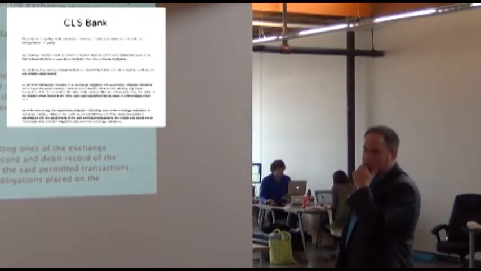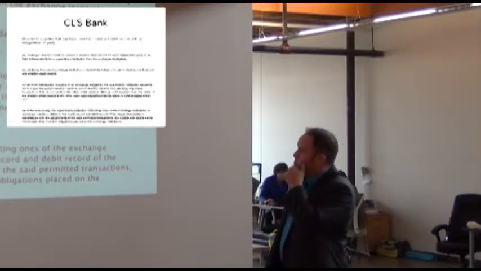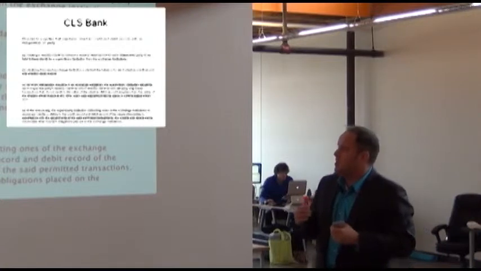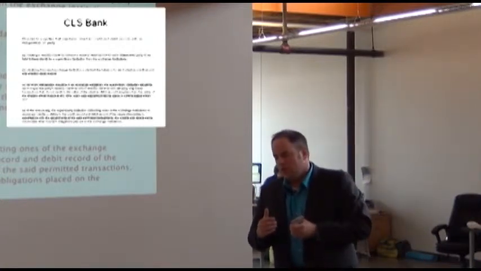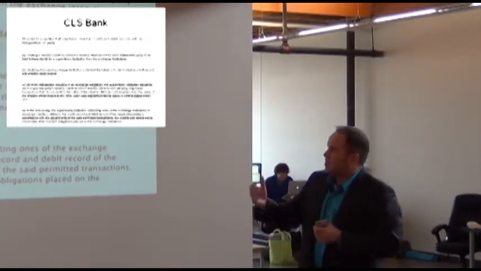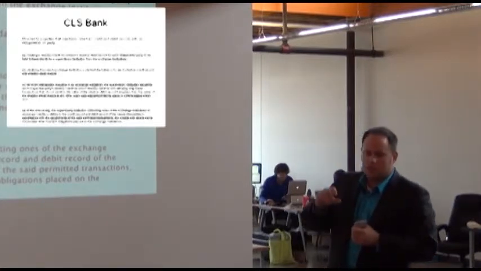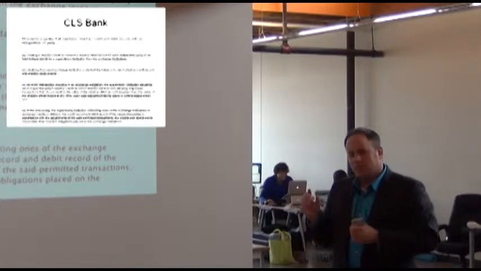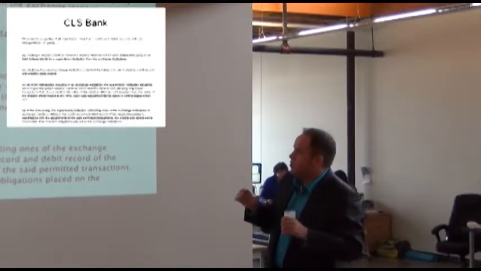CLS Bank, here was the claims that we're talking about. So it's directed to a system that maintains a shadow credit and debit records with an independent third party. What this is trying to protect is making sure that each party is meeting its obligations, and if it doesn't, then the business transaction won't go through.